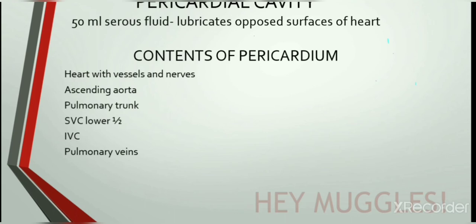Why only the lower half? Because the upper half of the superior vena cava is present in the superior mediastinum, and the pericardium is a part of the middle mediastinum. Then the inferior vena cava and pulmonary veins. So these were the contents of the pericardium.